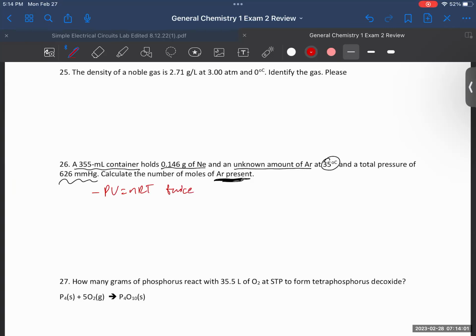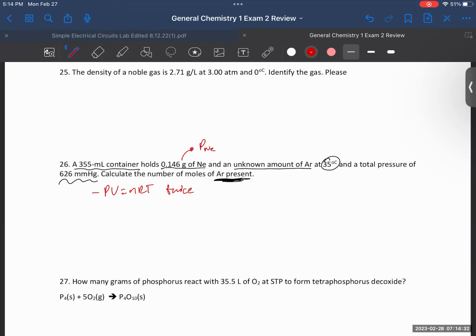In the first one, I know it gives me a total pressure, a volume, grams of neon, and R is a constant. Since it gives me the grams of neon, I'm gonna find the pressure only of neon.